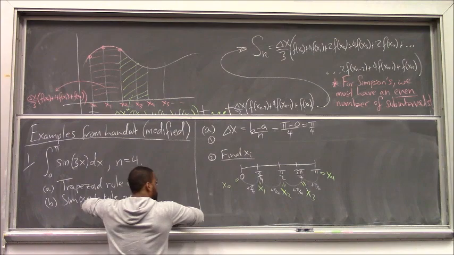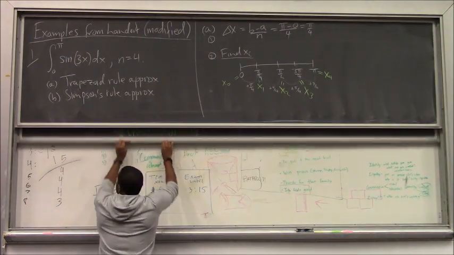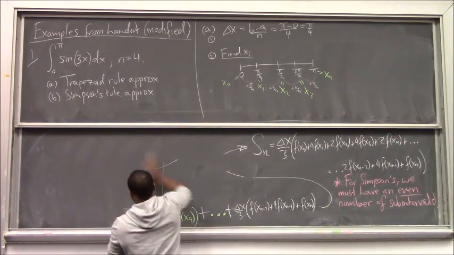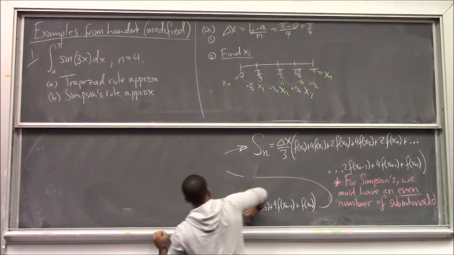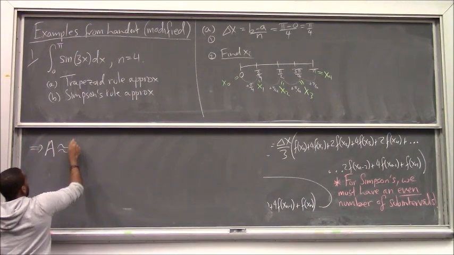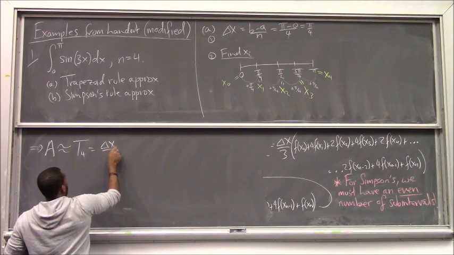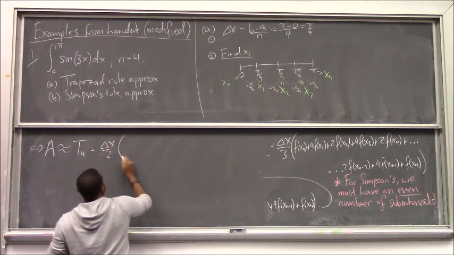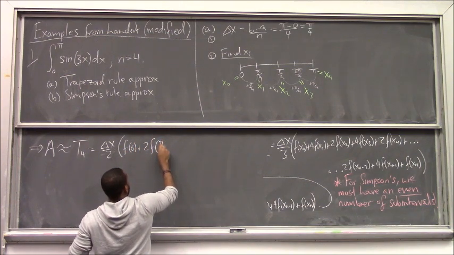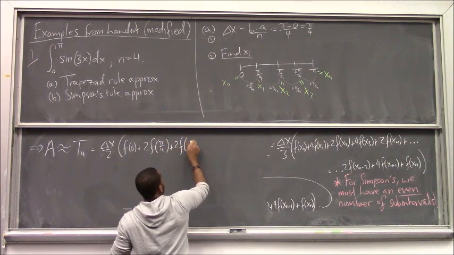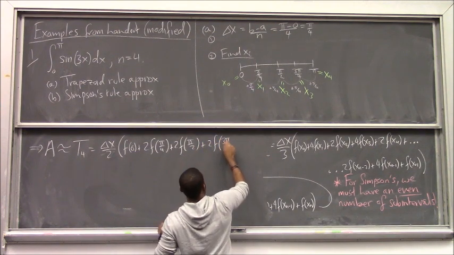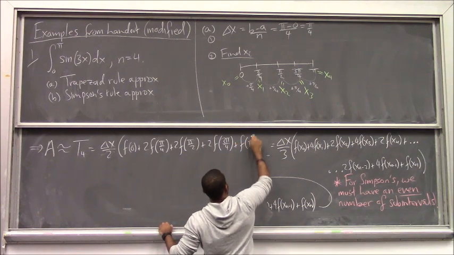So the trapezoid approximation with 4 subintervals is going to look like this: our area is approximately equal to T4, which is delta x over 2 times f of 0 plus 2 times f of pi over 4 plus 2 times f of pi over 2 plus 2 times f of 3 pi over 4 plus f of pi.